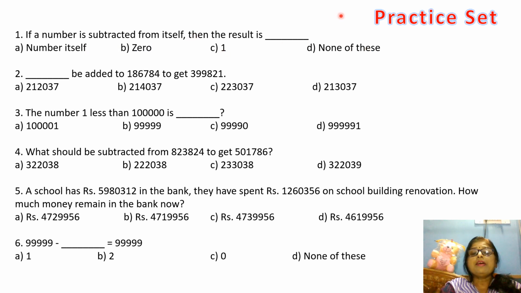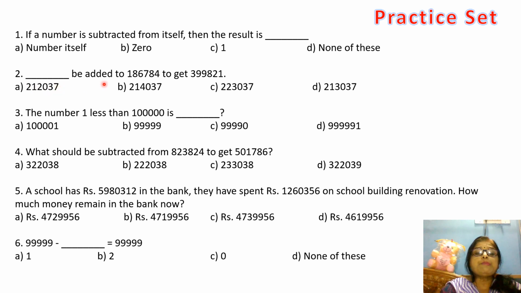My dear students, this is another practice set and so many sums are given here. You read all the questions carefully and then solve them. First question: if a number is subtracted from itself, then the result is... you have read about the rules. So recall your rules and find out the answer.